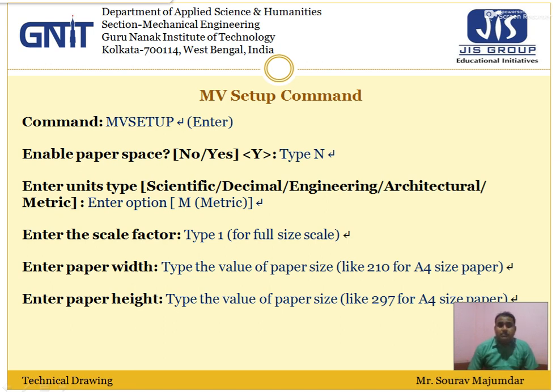But what is the limitation of this drawing space? There is no limitation. Drawing space has an infinite limit. So if you start your drawing in this infinite limit, then the dimension of your drawing is meaningless.